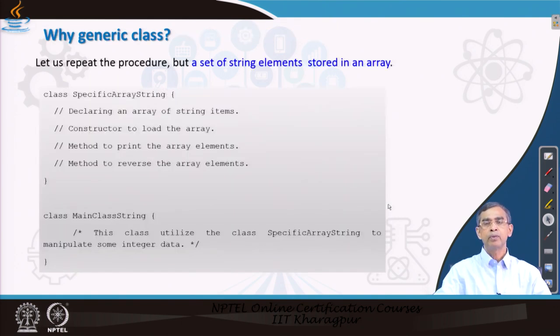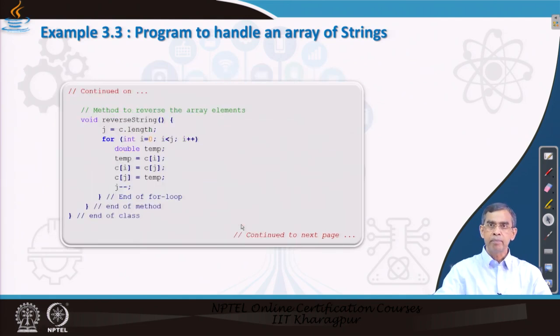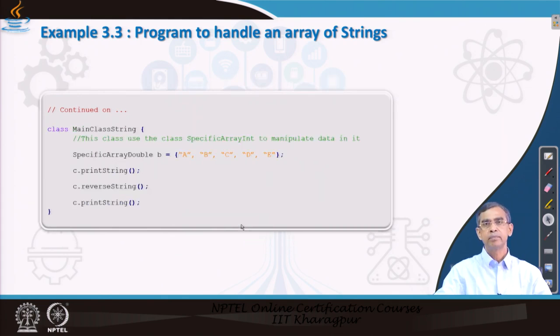Again, if we want to repeat it for arrays of string, then it is the same structure of code, same reverse method, and then a similar execution of the method using a driver class here.